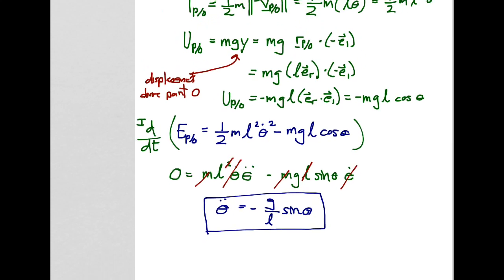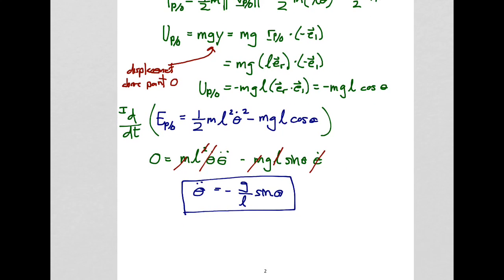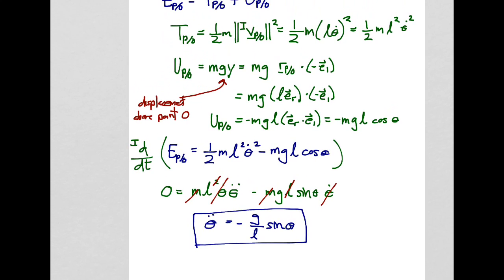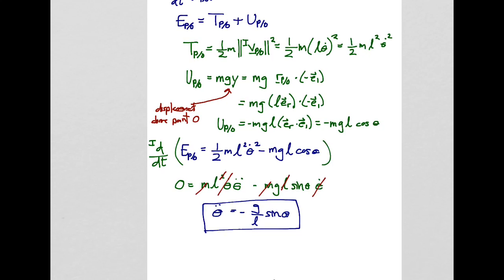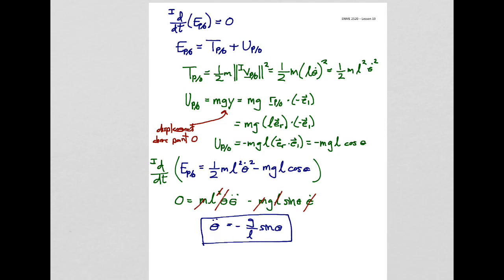So what's nice about this is that this was actually less work than when we derived this the first time using Newton's second law in Cartesian coordinates. Now we're using polar coordinates in a polar frame. But notice here that all we had to do was at the beginning say that energy is conserved.